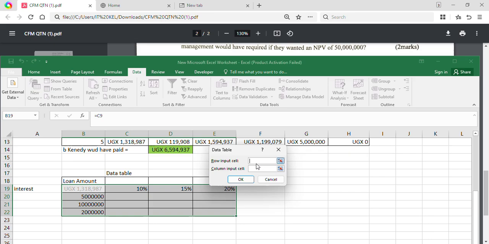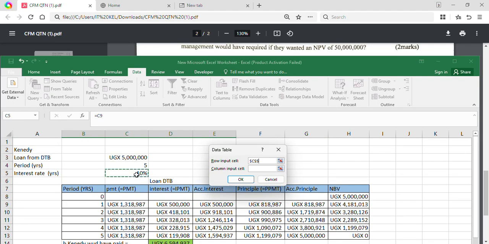So here they ask you the row input cells. The row input cell will be the one having the interest rate, which is this. This means row. You're seeing here from 19 going to this side. It means row. And what is in the row? We're having our interest rate. You come here, you pick our interest rate.